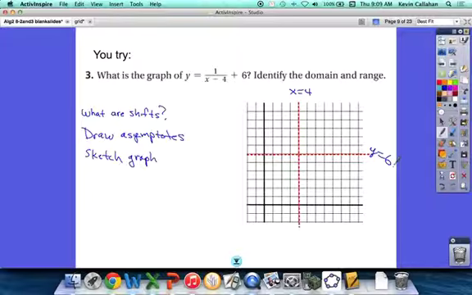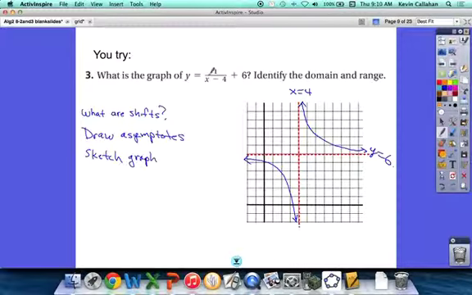Sketch the graph. Be on the lookout if there was a minus in front of that. Their examples just don't have that, but just sketch. The important part is you want to make it look like it's getting close to that red dashed line without touching it, because that's what an asymptote is, right?